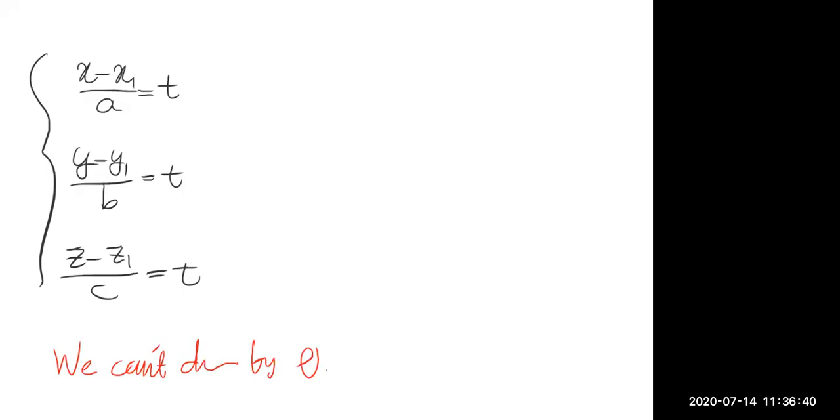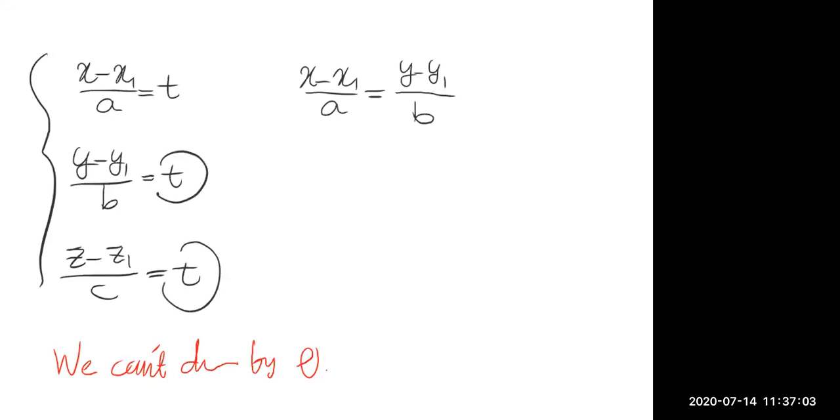But now look here. T is equal to T. So if x minus x1 over a is equal to T, and T itself is equal to y minus y1 over b, these two things have to be equal. On the other hand, y minus y1 over b is equal to T, but T itself is equal to z minus z1 over c, so these have to be equal.